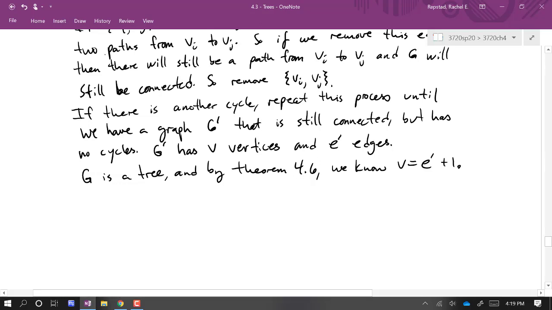So say in this whole process that we went through where we said, oh, here's a cycle, let's remove an edge. If there's another cycle, we can remove another edge, right? And we go through this whole process where we remove some number of edges until we get this tree that's still connected but has no more cycles. So suppose in this process we removed n edges.